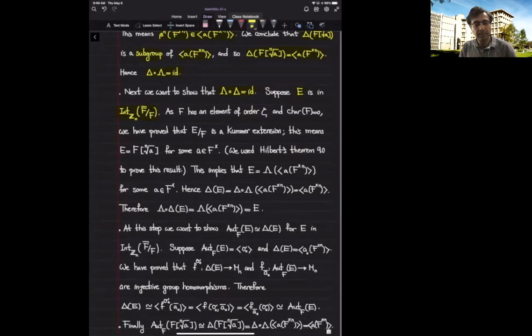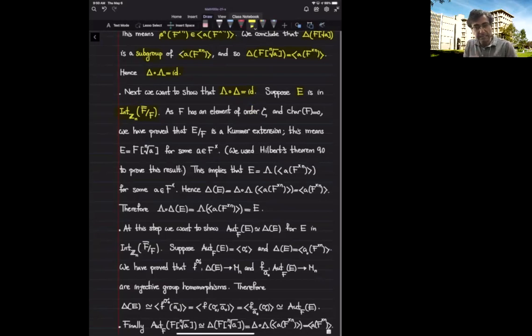We proved that if F has an element of order n, then every Galois extension that is cyclic and the cardinality of the group of automorphisms divides n is a Kummer extension. So what does Kummer extension mean?